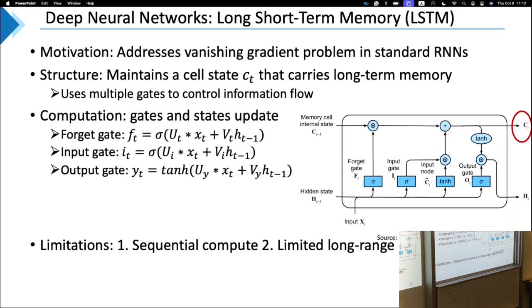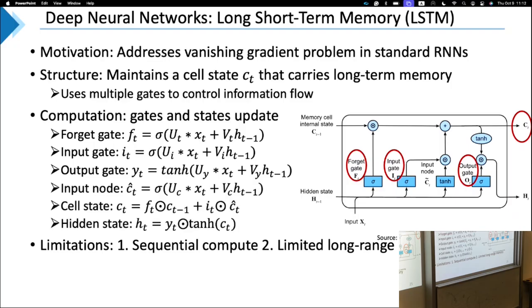Basically, the computation of this network is, instead of just keeping one hidden state, it first introduces multiple gates. They have the forget gate, input gate, and output gate. All these gates are basically just different linear transformations. And they introduce the cell state. So they have the input node, cell state, and hidden state.